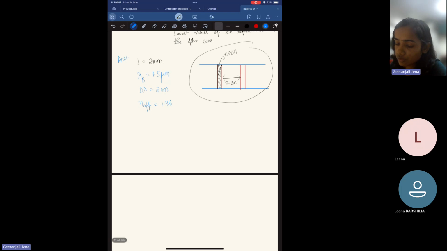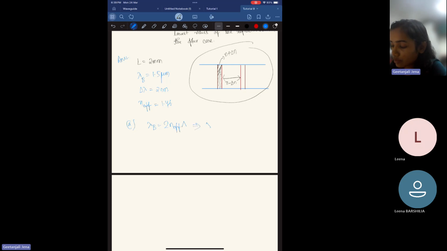Because we just need to use the formula here, λ_B equals 2 n_eff Λ, the grating period.